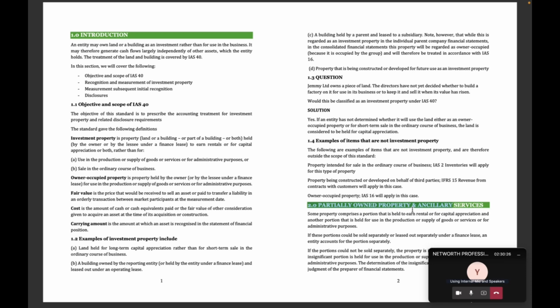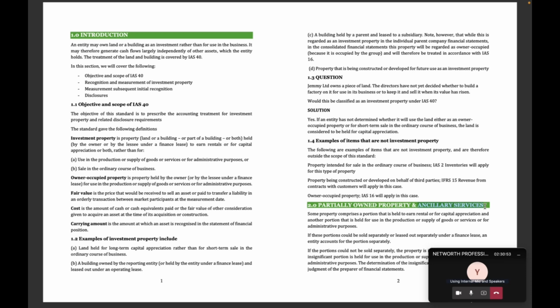So that's partial use. Another dynamic for investment property is that, since investment property is majorly land or building, there's something we call ancillary services. Ancillary services are services like service charge, what we pay for buildings.